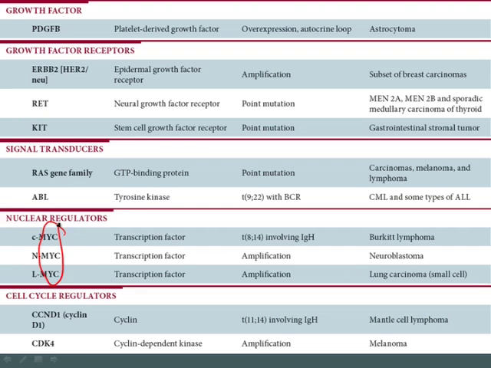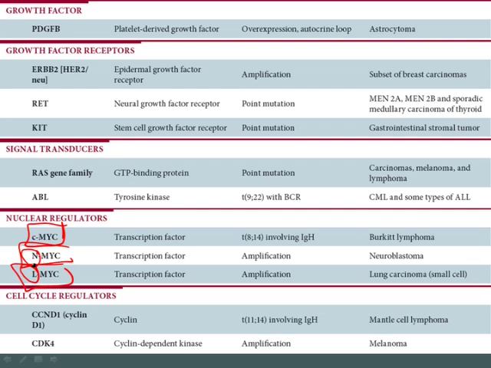What I would remind yourself of here is that the three key MYCs to be familiar with are CMYC, which is associated with Burkitt's lymphoma; NMYC, and the N helps you to remember neuroblastoma; and LMYC, which is associated with small cell lung carcinoma, so the L will help you to remember lung.